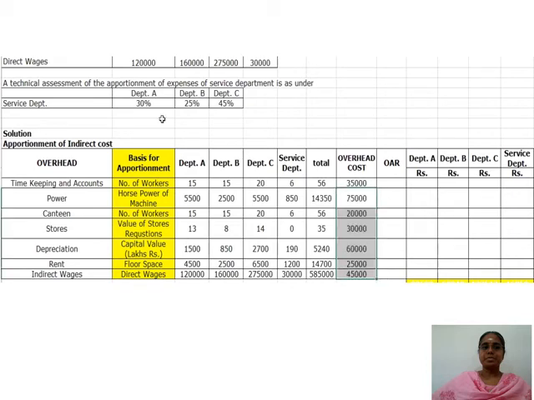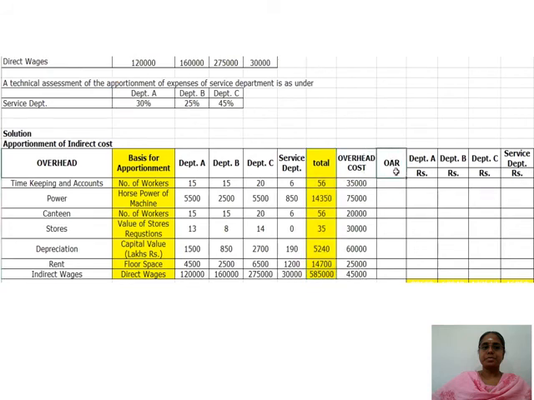You are rearranging and writing on the basis of apportionment. You write the overheads, find the base for apportionment, and write those values. Next, you find the total here. One more work is done. The total is done, and the overhead cost is from the question.